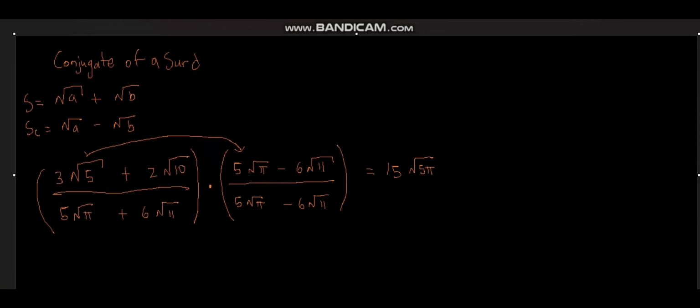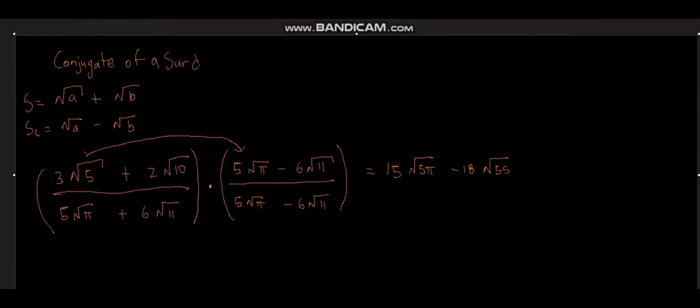Now 3 root 5 by negative 6 root 11: we multiply the coefficients first, so 3 by negative 6 is negative 18, and root 5 by root 11 gives the square root of 55. 5 by 11 is 55.